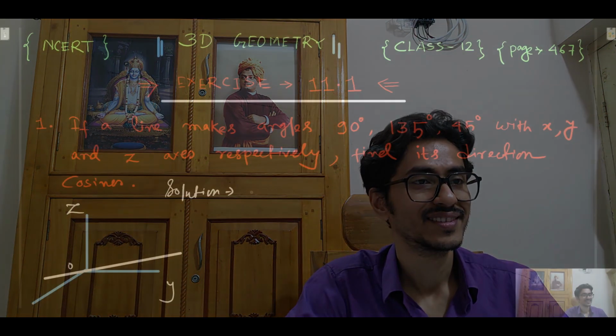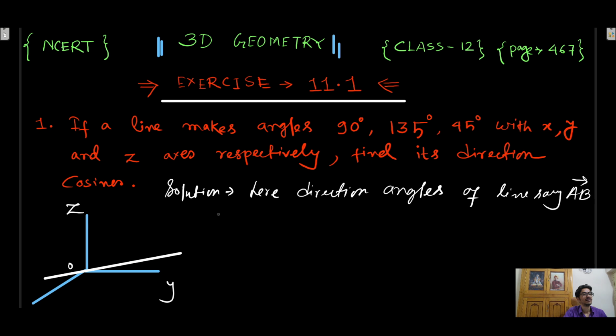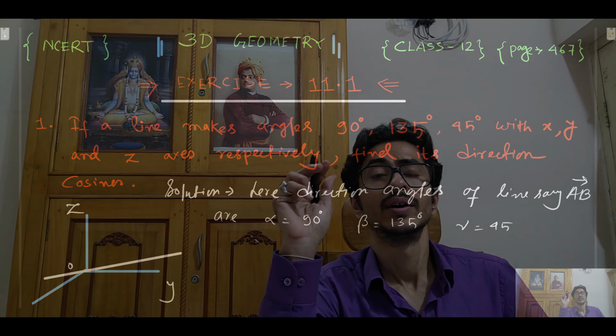So here direction angles of say line AB vector are alpha equal to 90 degree, beta equal to 135 degree, gamma equal to 45 degree.